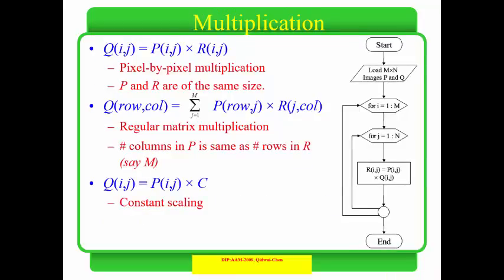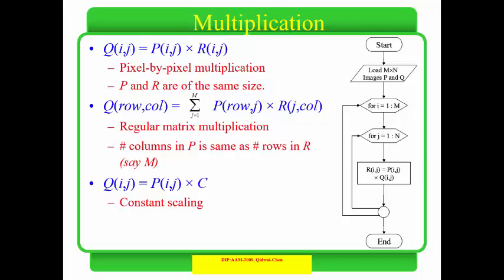Okay. For the multiplication, we have two types. We have the pixel by pixel multiplication, which is widely used in image processing, and we have the regular matrix multiplication that we know from the calculus course. Here is the representation of both. To make the first type, P and R should have the same dimensions.